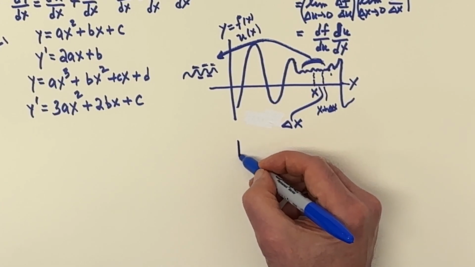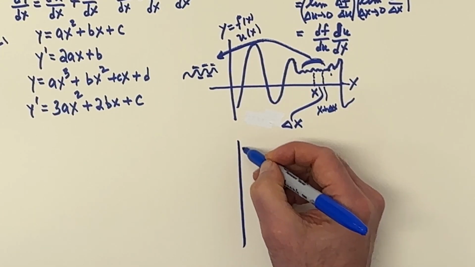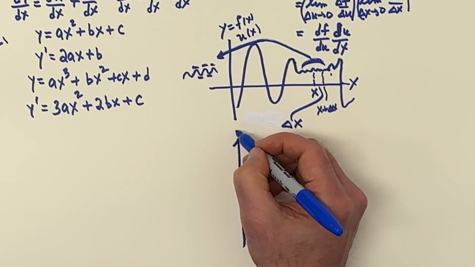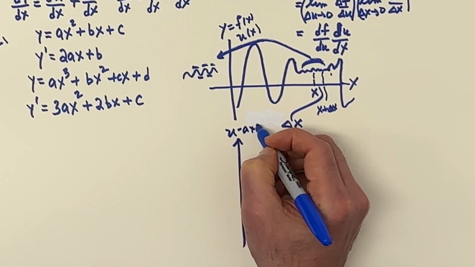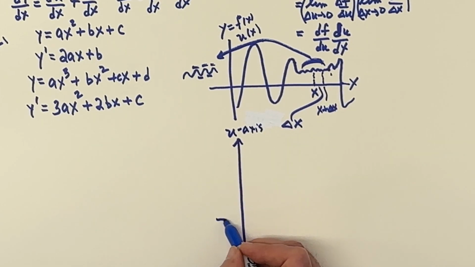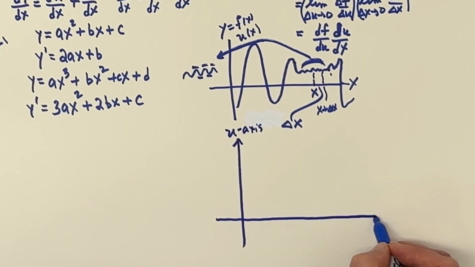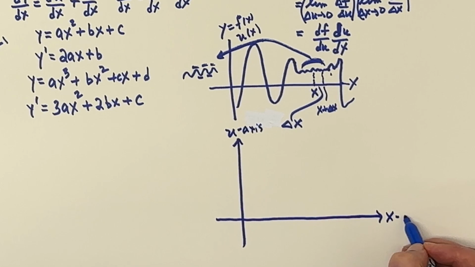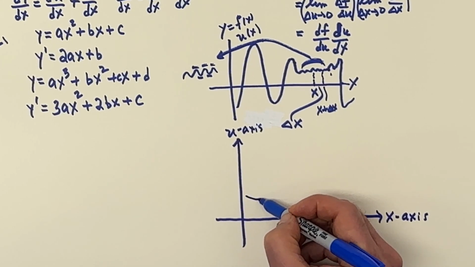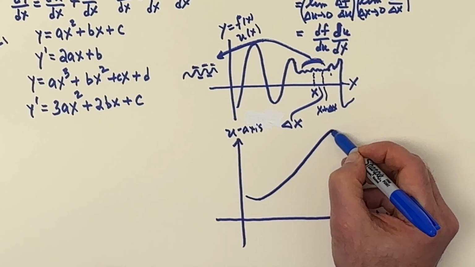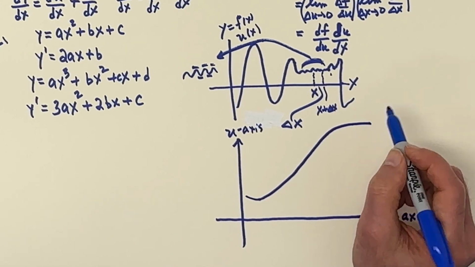Now, I'm going to draw a picture here. It's going to help us get out of this mess. So we have the u-axis up here, and we have over on this side the x-axis, like that. And suppose I have a function that does something like this. Goes up like this and does that.